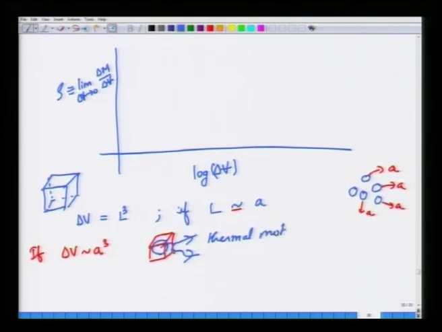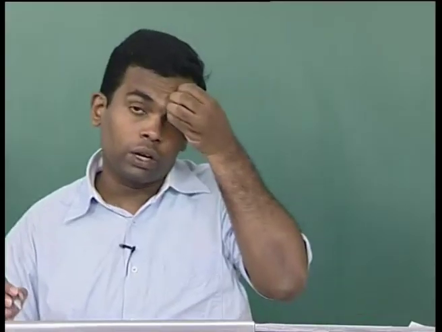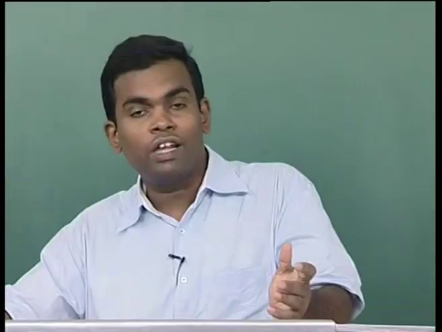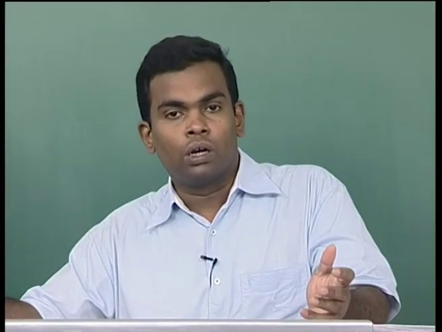So, when your volume is very small, your density will fluctuate highly with respect to a given spatial point, because a given spatial point may either have a molecule or not, and even if it has two molecules, the number of molecules will fluctuate wildly.